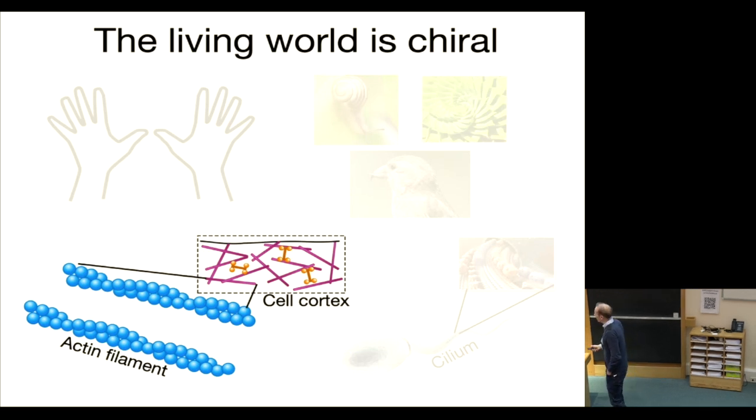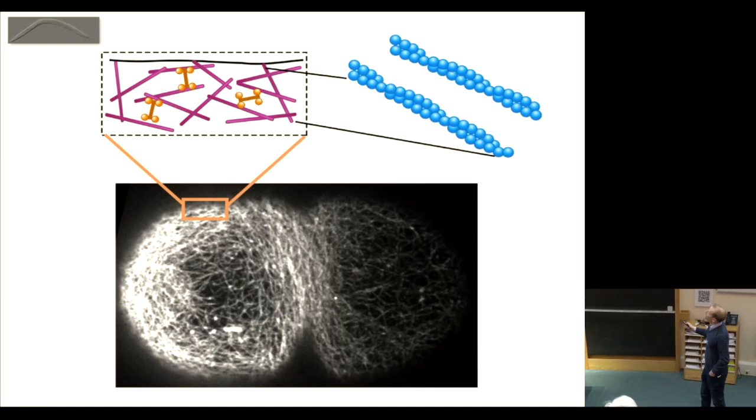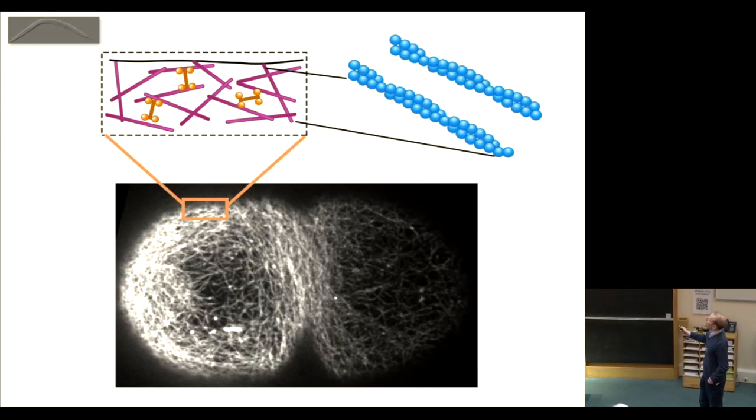So let's first look at what this chirality here can do for a cell. So remember, what we are now looking at is again an embryo of C. elegans. I just show you another image where really these filaments are very clearly labeled in a specific way. You see this nice anisotropy, this sort of filamentous structure. So each of these white lines are essentially these purple actin filaments.